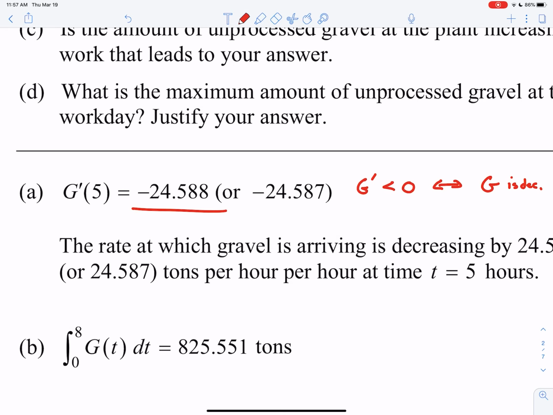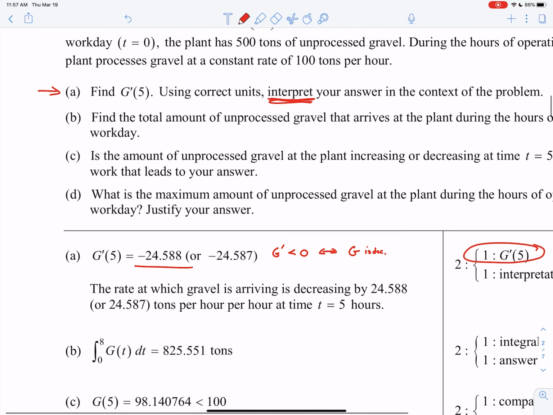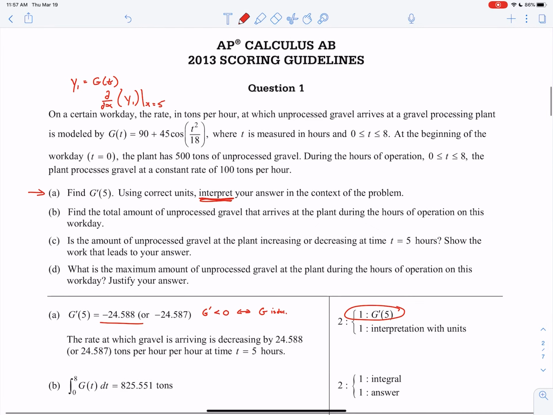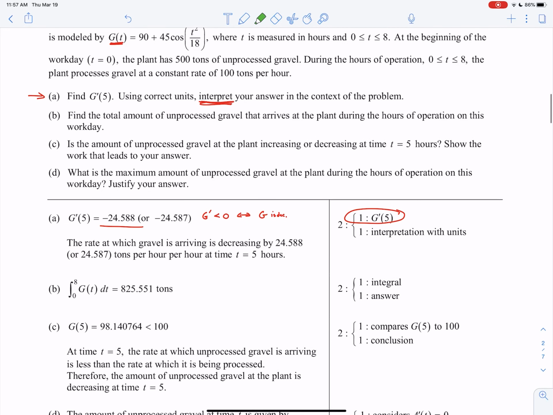Okay, so if you read g back in the problem, g of t is already a rate at which the unprocessed gravel is arriving. Okay, so we know that the rate at which gravel is arriving, that is your g right there, is decreasing by that amount.